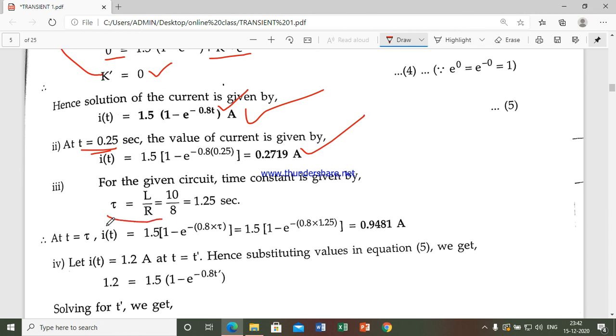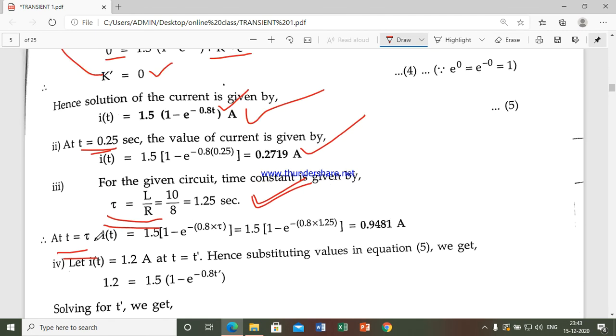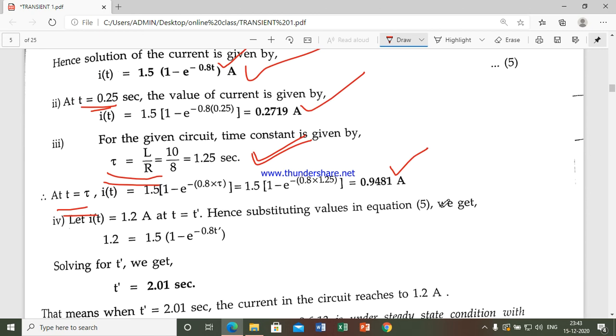And next here we have tau equal to L by R. L is nothing but 10 and 8 is R. We will get tau as 1.25. Next at t equal to tau, if you substitute t equal to 1.25, you will get 0.9481.